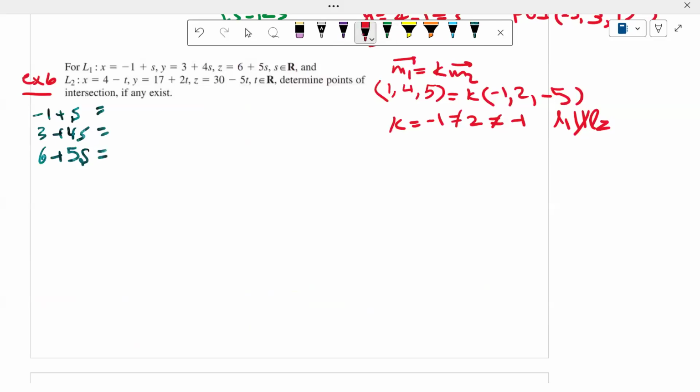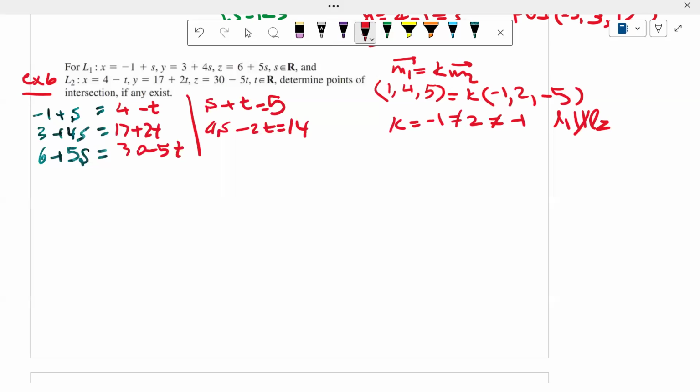The parametric equation of line 2 is 4 minus t, 17 plus 2t, and 30 minus 5t. If I simplify it, I get s plus t is equal to 5. 4s minus 2t is equal to 14.